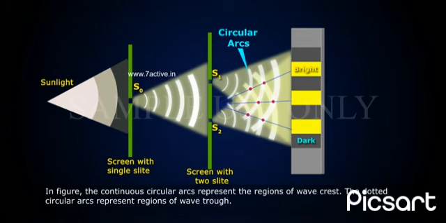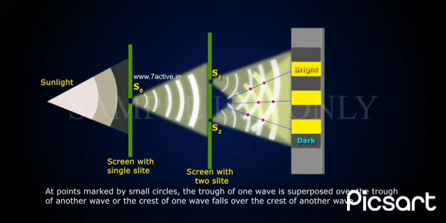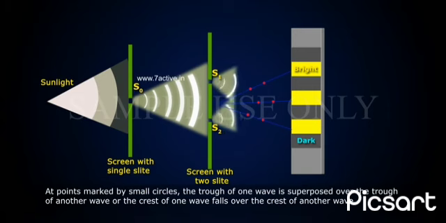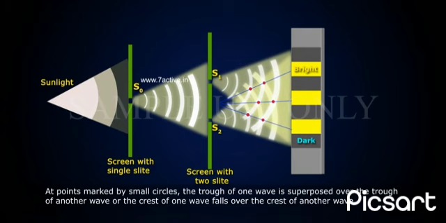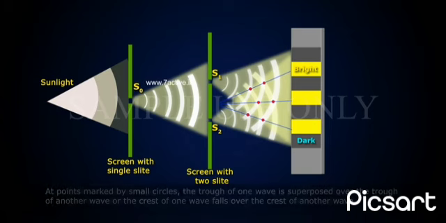The dotted circular arcs represent regions of wave trough. At points marked by small circles, the trough of one wave is superposed over the trough of another wave, or the crest of one wave falls over the crest of another wave.